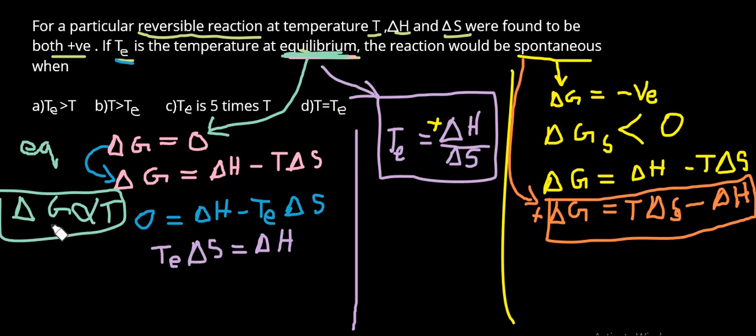At equilibrium, ΔG is going to be 0, but for a spontaneous reaction, ΔG is going to be negative. So for the spontaneous reaction I will write T_S, and for the equilibrium, where ΔG is equal to 0, T_E.